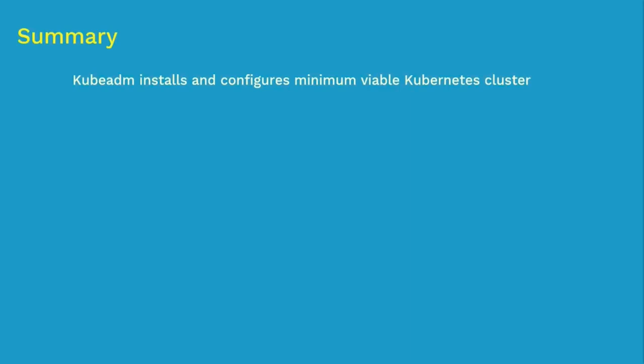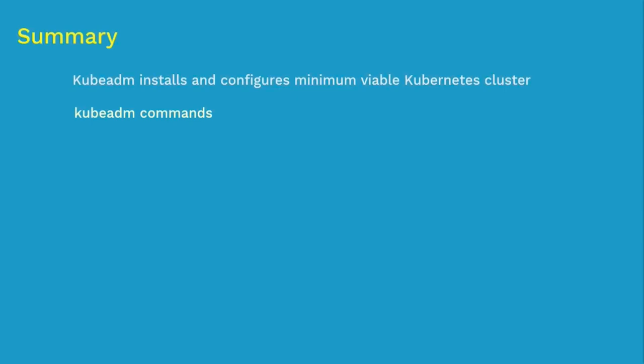In this video we first discussed what is kubeadm and what it does. Kubeadm is a command line utility which helps us with installing and configuring a Kubernetes cluster. Then we discussed kubeadm commands such as kubeadm init to initialize the Kubernetes cluster, kubeadm join to join the worker node to the cluster, and more.